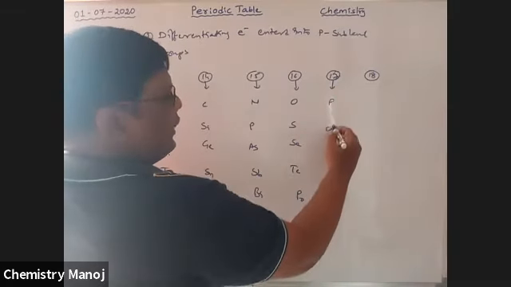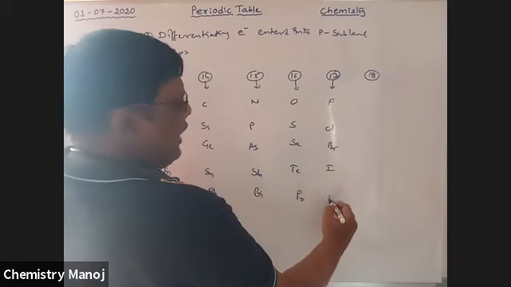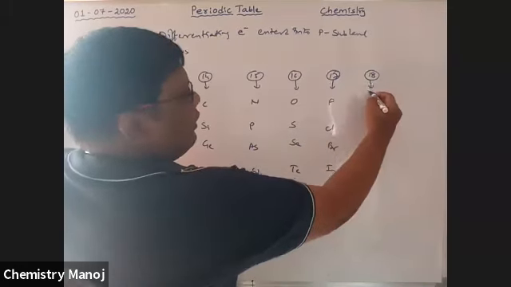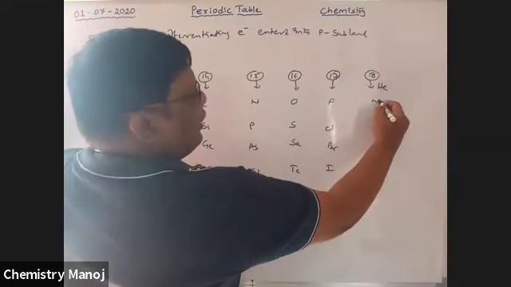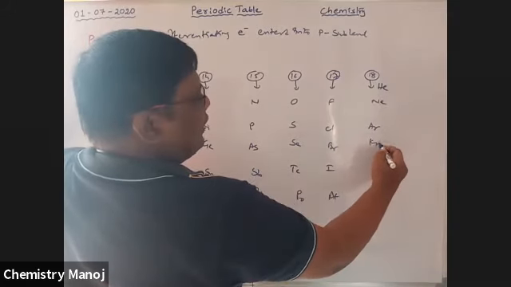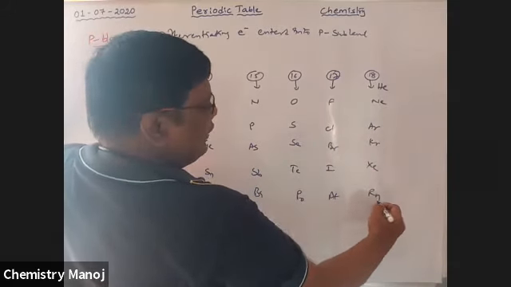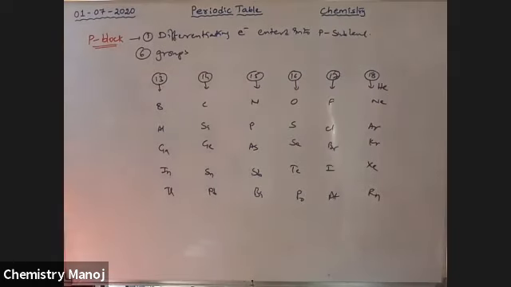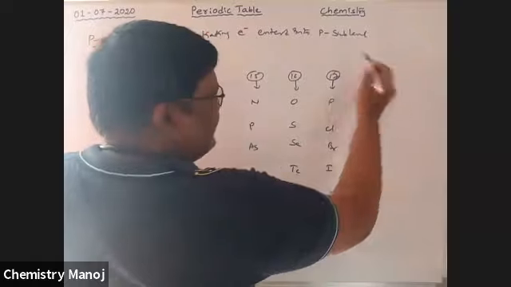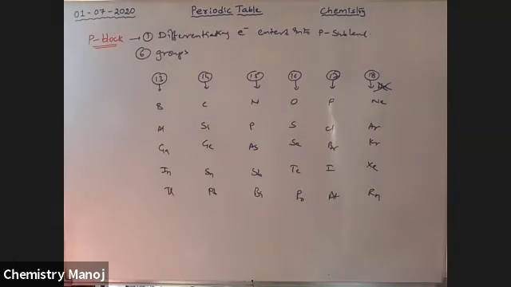Fluorine, chlorine, bromine, iodine, astatine. Helium, neon, argon, krypton, xenon, radon. Here helium is the exception, which comes under S block. So the remaining are all P block elements.